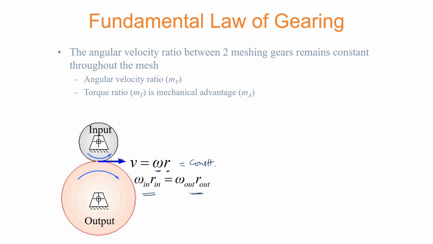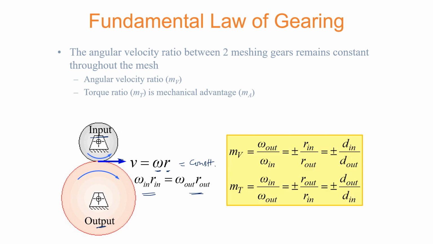This is a very good expression to have, because it allows you to identify that if you provide a certain angular velocity on the input cylinder, how that is going to be transmitted on the output side.